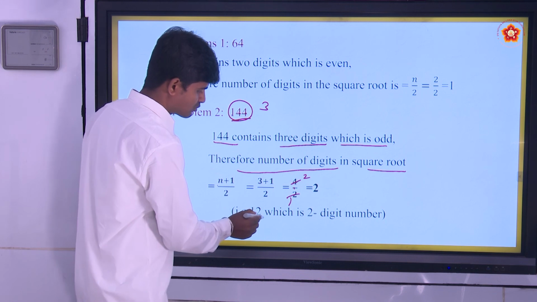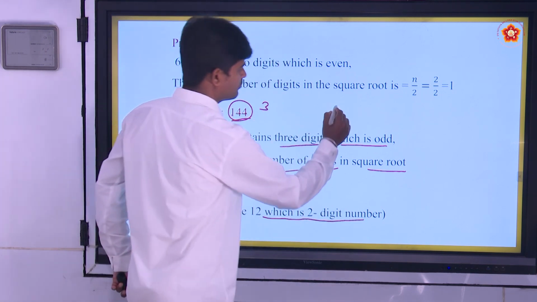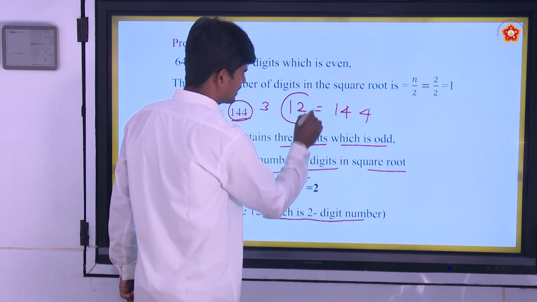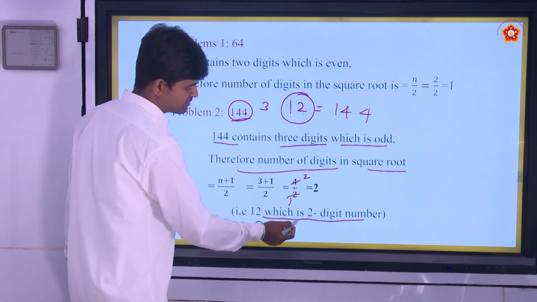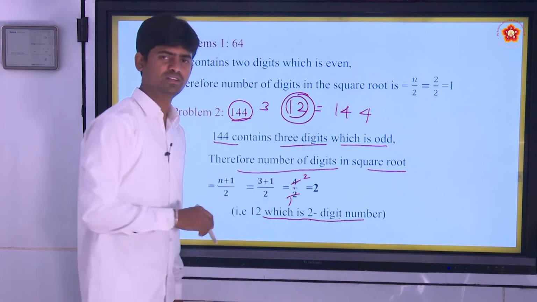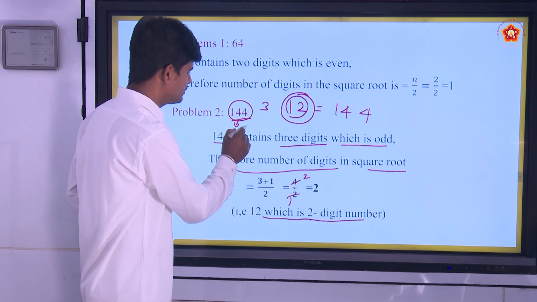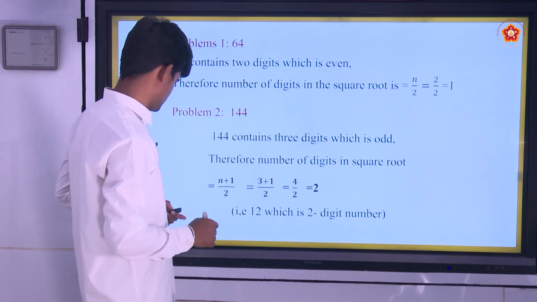The square root of 144 is equal to 12, which is a 2 digit number. 144 is the square number and 12 is the square root of that number.